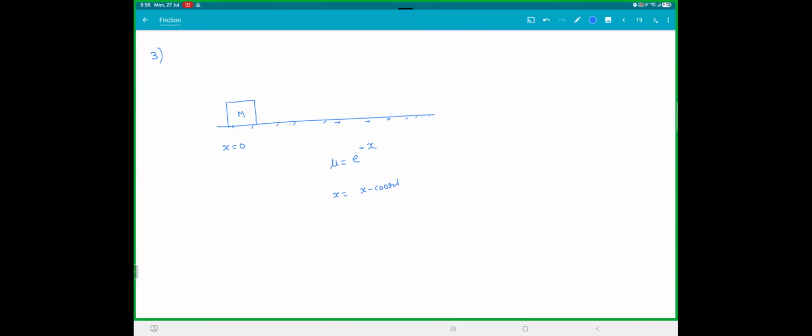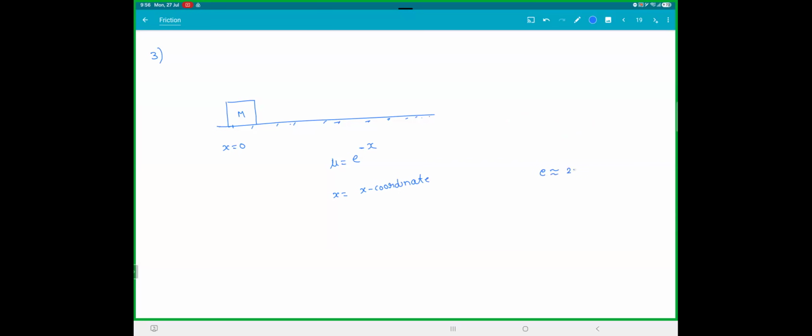When you look at this friction, as x is increasing, the friction is decreasing. When x is 0, friction mu is equal to 1. If x is infinity, e power minus infinity is 1 by e power infinity. e power infinity is a big number, so 1 by infinity is 0. It means as you go more and more to the right, the friction drops. I hope everyone knows this.